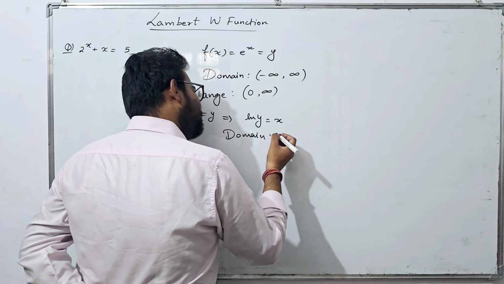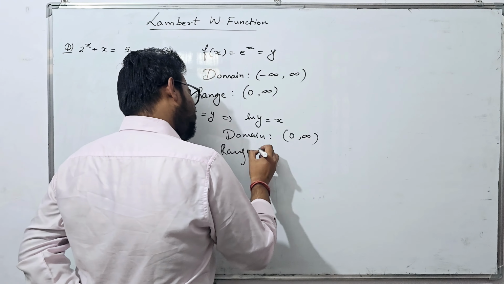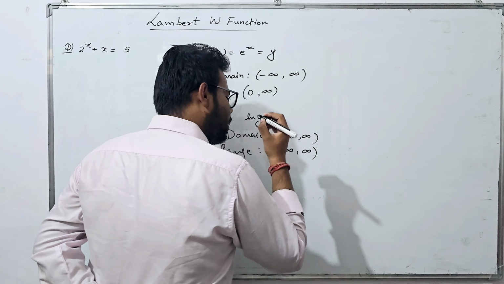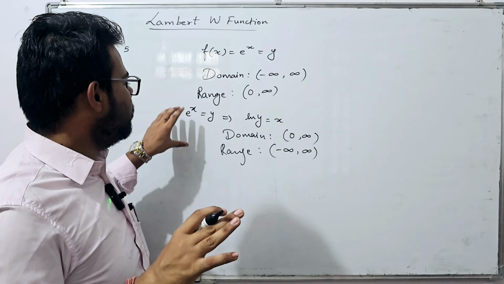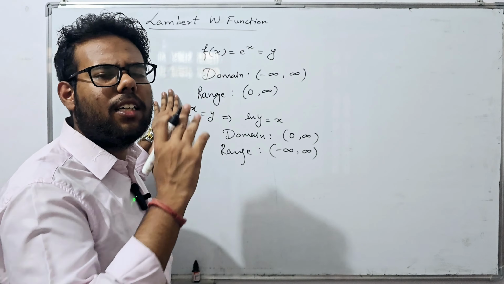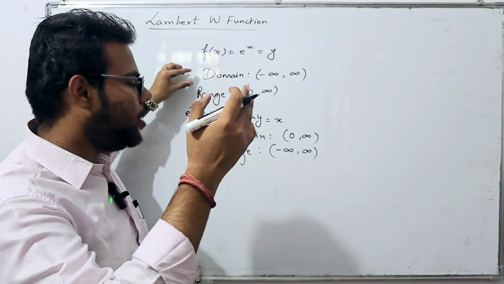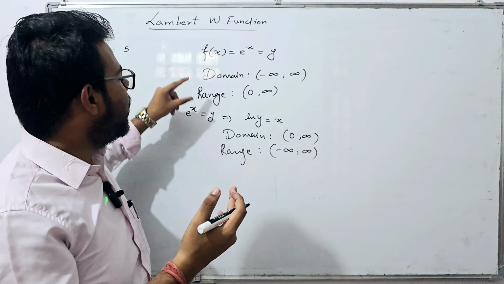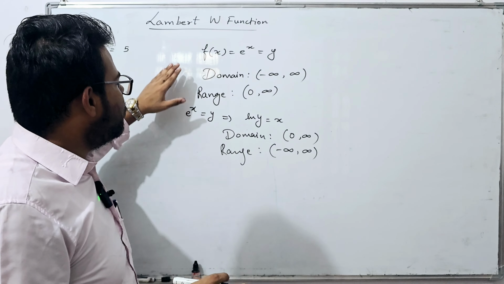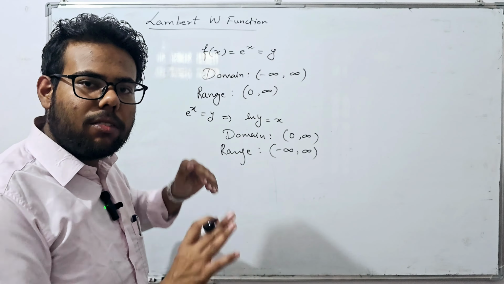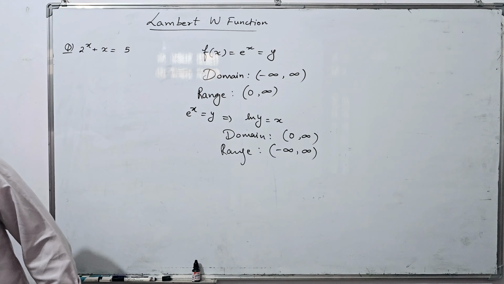The domain in this case is from 0 to infinity and the range is negative infinity to infinity, right? So what is the concept here? When you find the inverse, the domain of the original function becomes the range of the inverse function, and the range becomes the domain of the inverse function. That is the basic concept. So why am I telling all this? Wait, just a minute. Let me erase this and we'll come back.